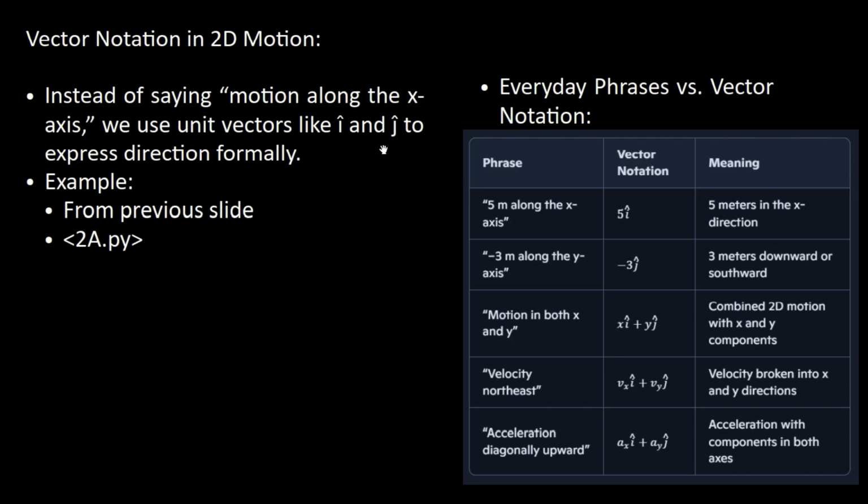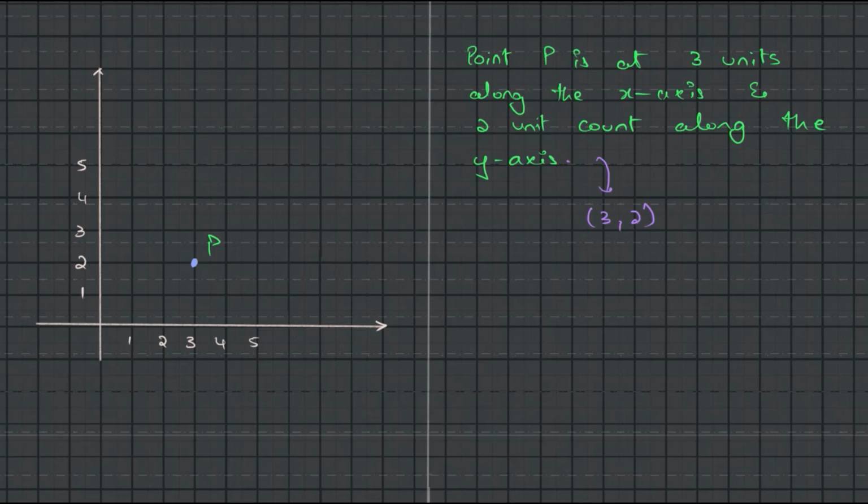For example, in the previous slide, we saw this, right? So instead of writing this, we can tell point P is at 3 i cap plus 2 j cap.